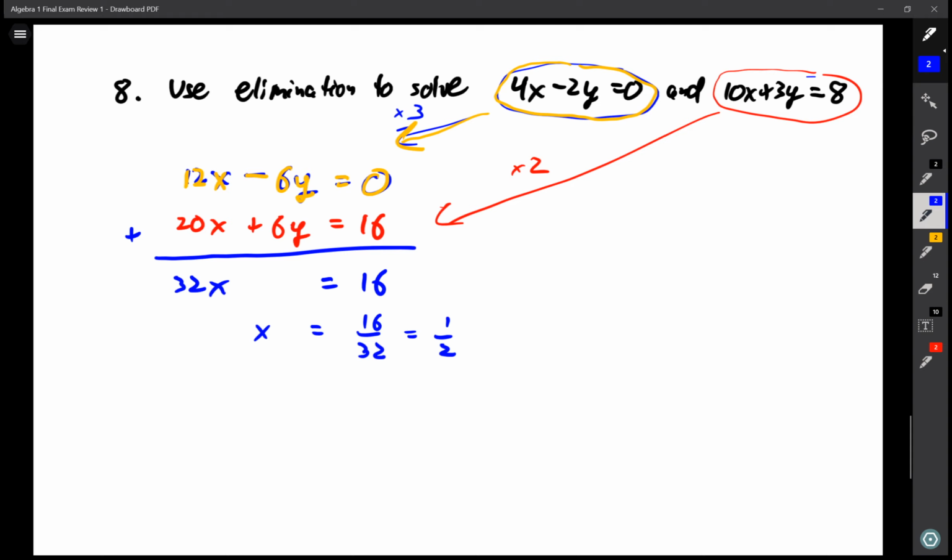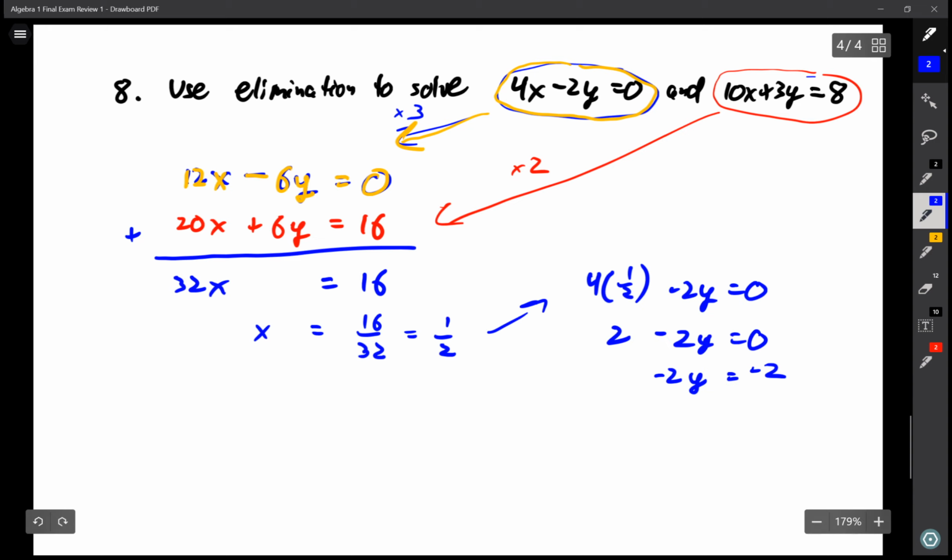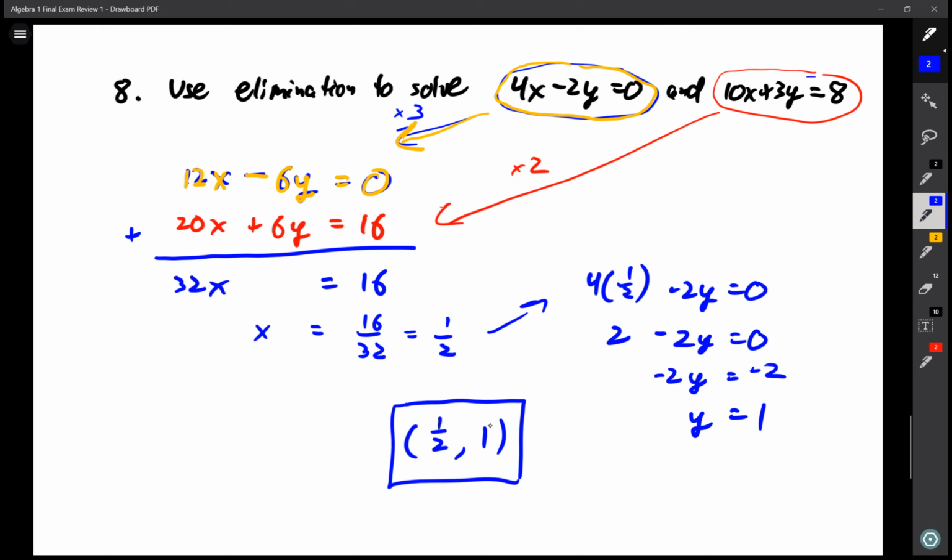So if I subtract 2 from both sides, I get negative 2y equals negative 2. Divide both sides by negative 2, and I get y equals 1. So my solution again is a coordinate: x value 1/2, comma, y value 1. And we could take 1/2 for x and 1 for y and plug them in for x and y in either one of the equations, and it would check out.